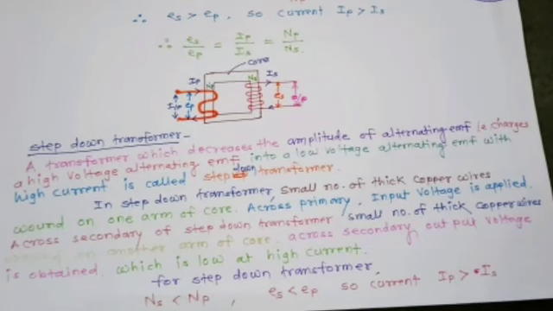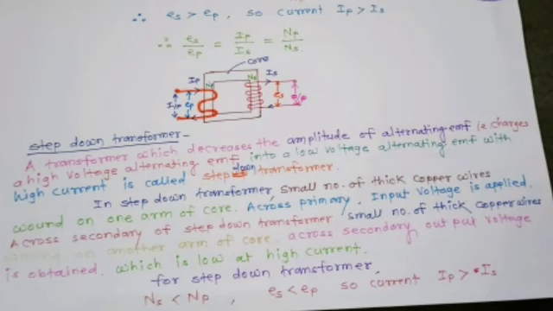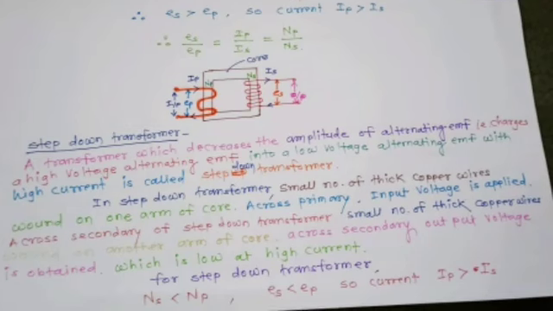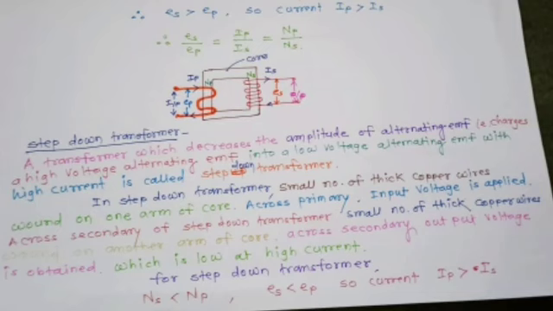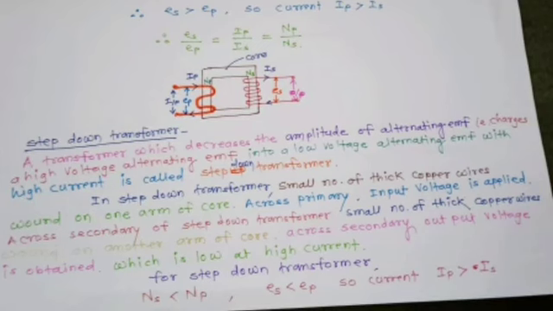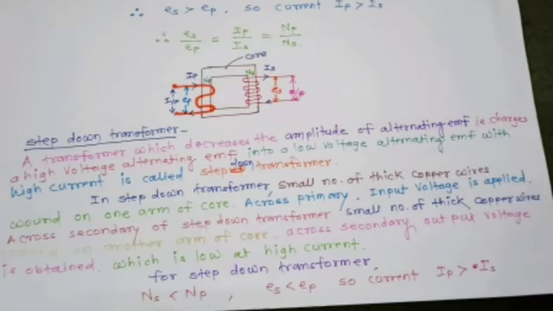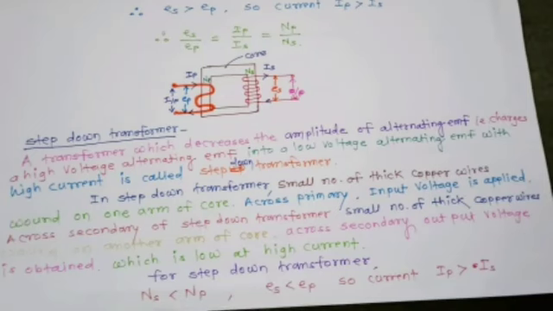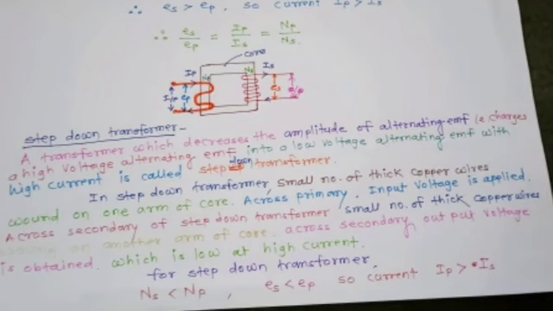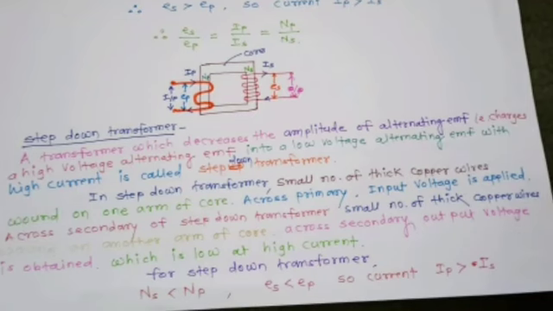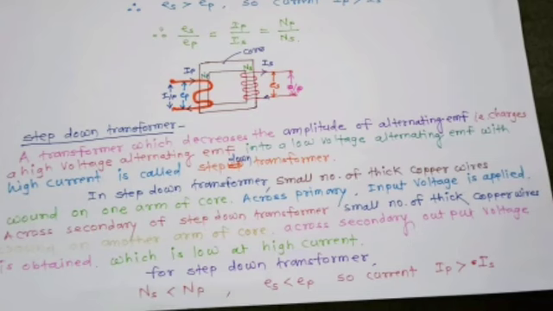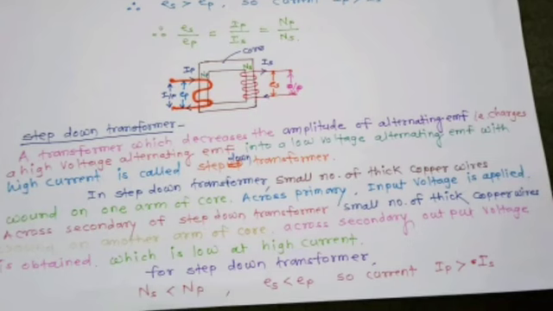Across primary, input voltage is applied. Across secondary of step down transformer, a small number of thick copper wire turns are wound on one arm of the core. Across secondary, output voltage is obtained, which is low.